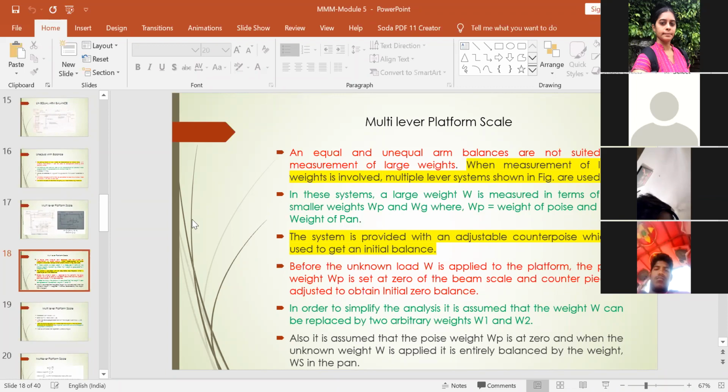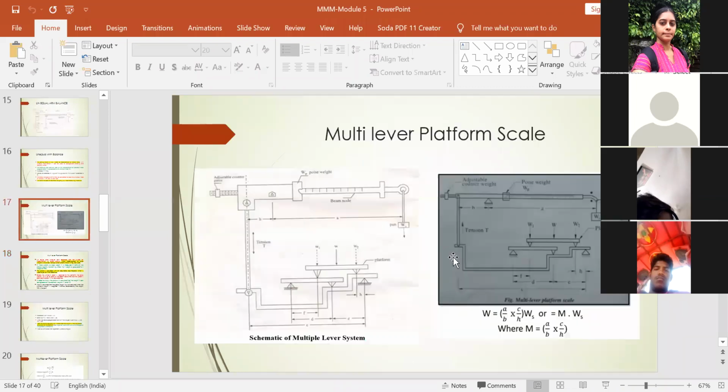So the large amount of weight which has to be measured could be bifurcated again into two segments. Here WP will be the poise weight and WS will be the pan weight. So here you will have the pan in which you will load the standard load.